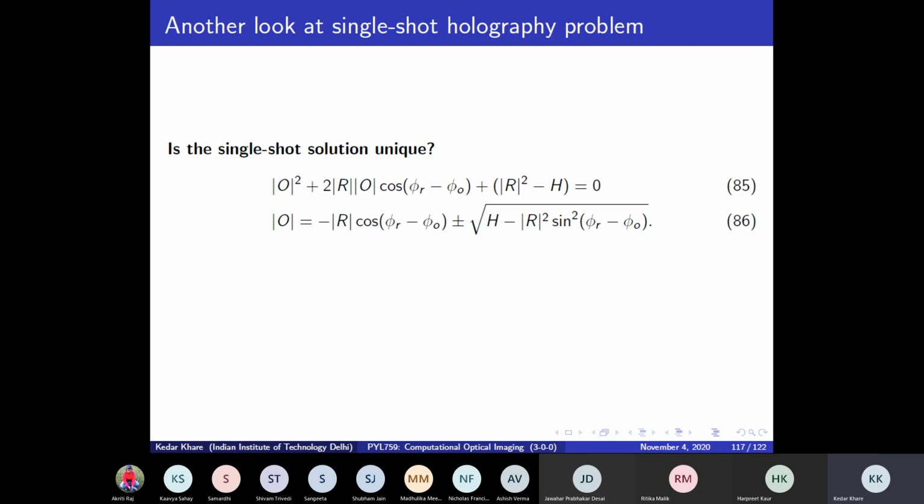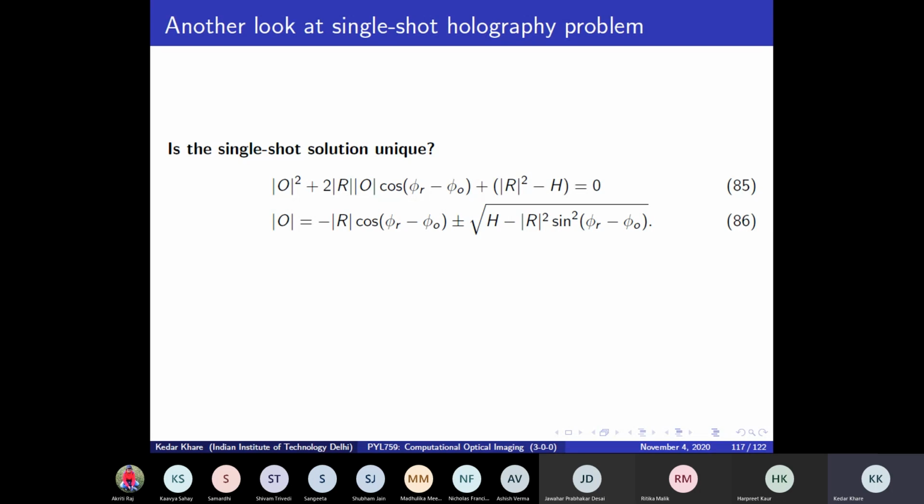This simple discussion is almost nowhere to be found: that when you go to actually recover information out of the interference pattern, you are hit with this ambiguity, meaning there are infinite possible solutions to what the complex wave O(x,y) is.